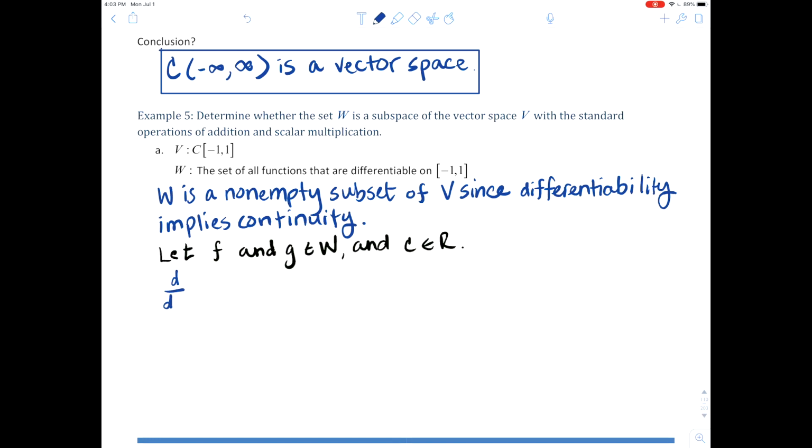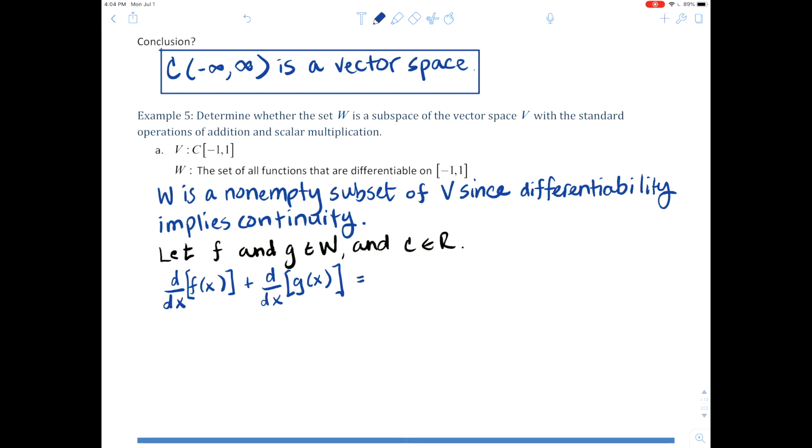All right, so let's look at this. d/dx of f at x plus d/dx of g at x, would you agree that both of those terms belong to W, right? So we want to show that their sum belongs to V. So let's see what we get.